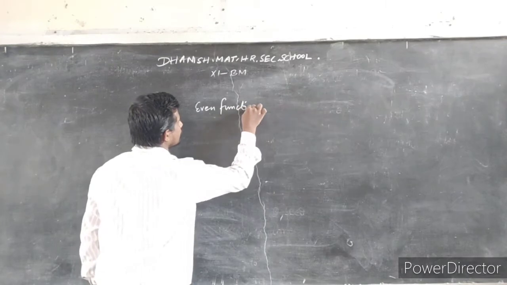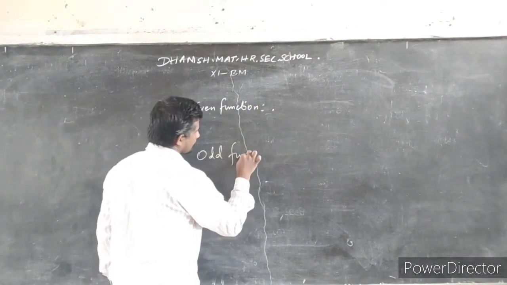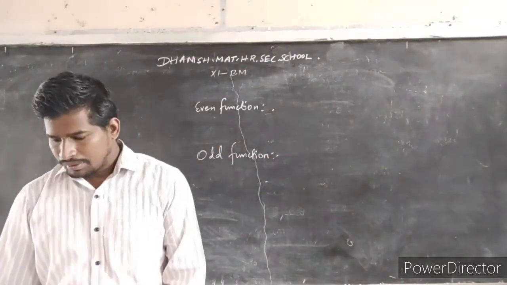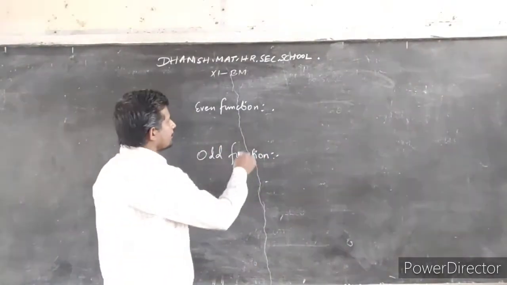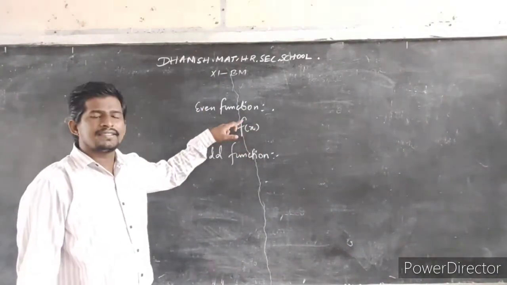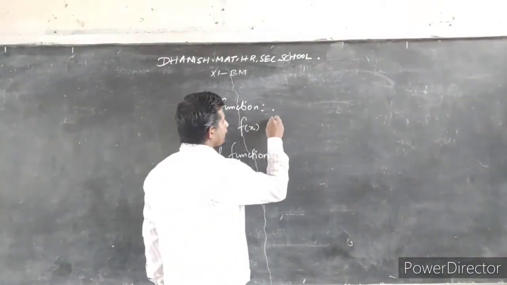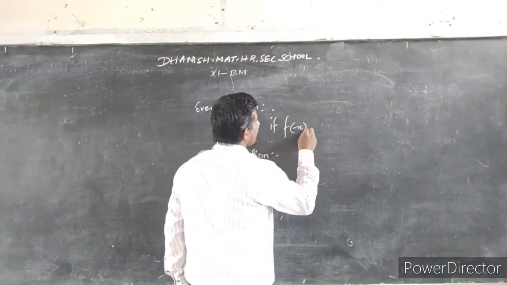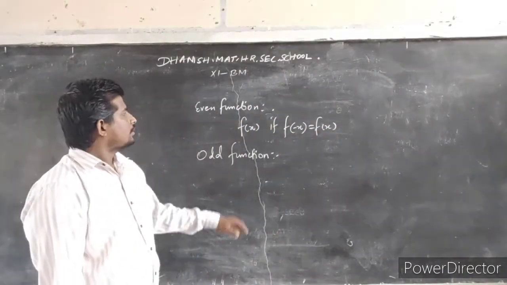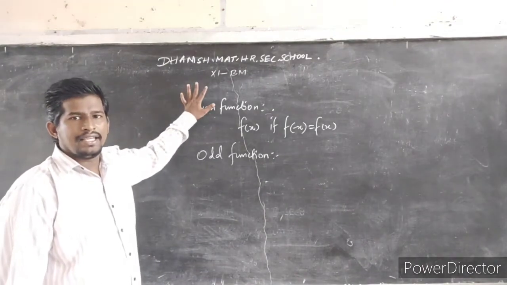Even function and odd function. A function f of x is said to be an even function if f of minus x equals f of x. So cos theta and secant theta are even functions.